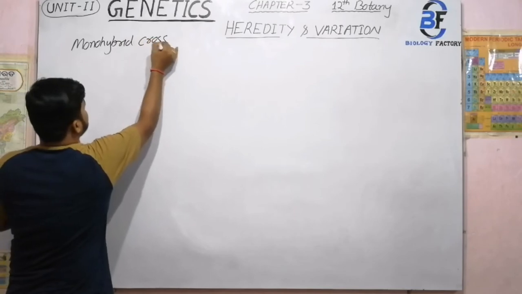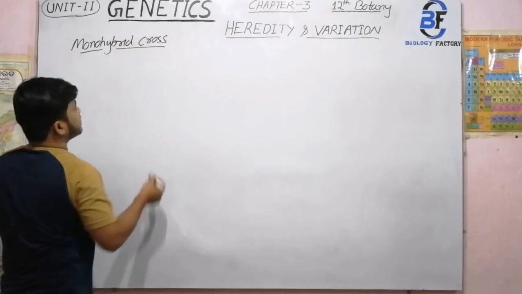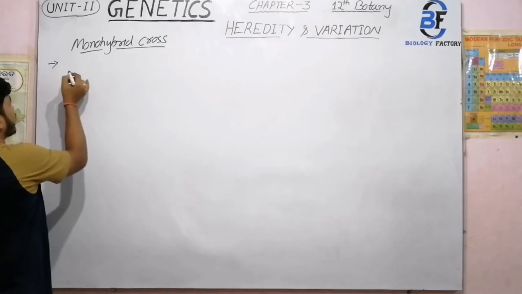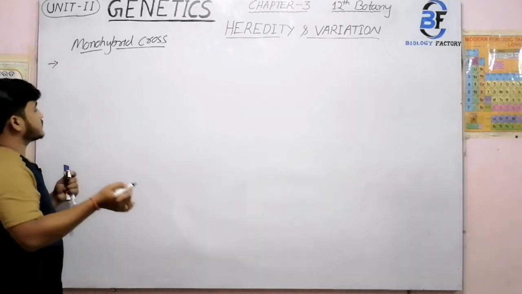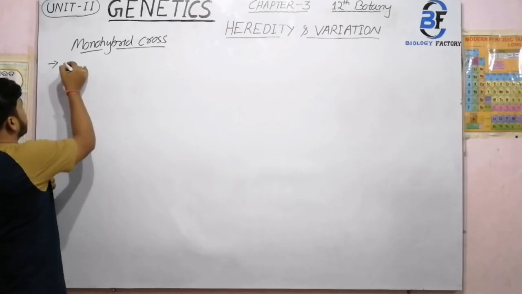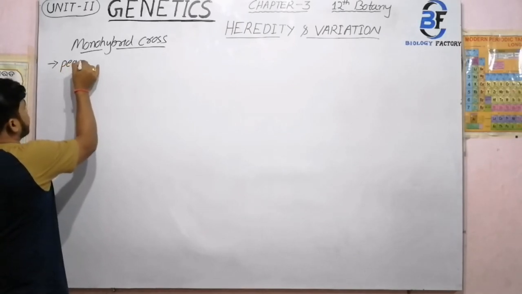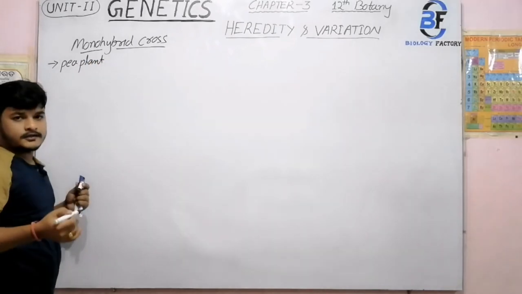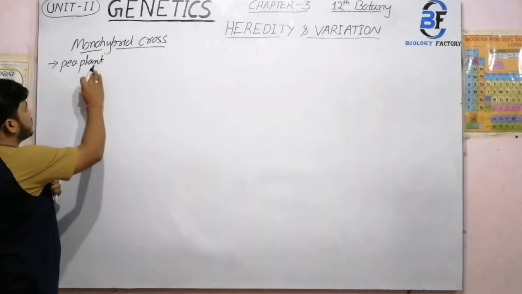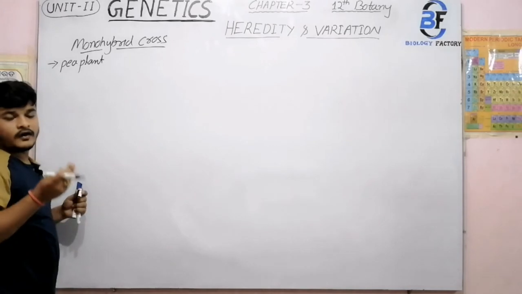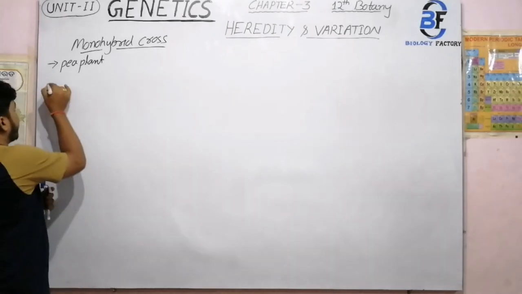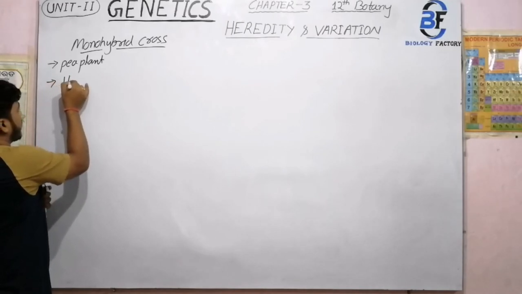Mendel did this experiment in a common plant which we already studied in this chapter, the pea plant. It is the most common experimental object of Mendel. He took one character of the pea plant and crossed it, and the character is height.